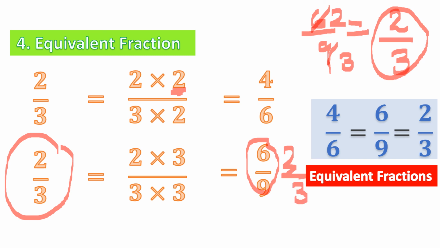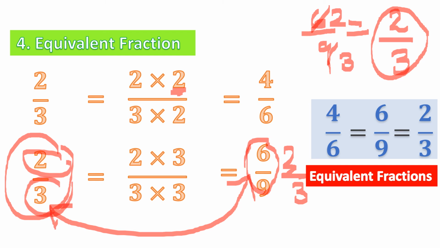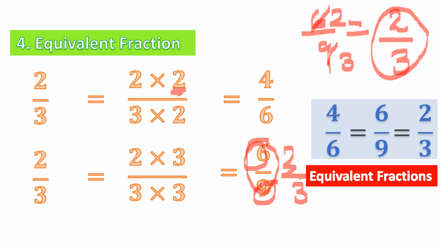So can you see that both these numbers, 2 by 3 and 6 by 9, look different. The fractions look different. This is 2, this is 3, this is 6, this is 9. But their values are the same, which is 2 by 3 itself.